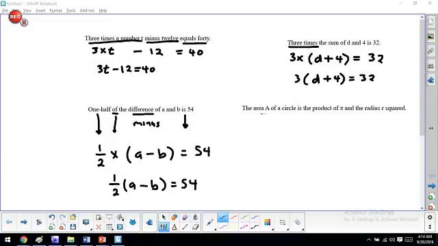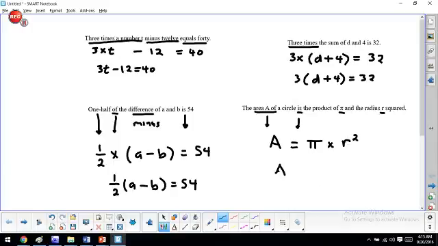So the area of the circle is, I could just say area A, and we'll identify area as A, is equal to the product of pi times radius, which is r, squared.